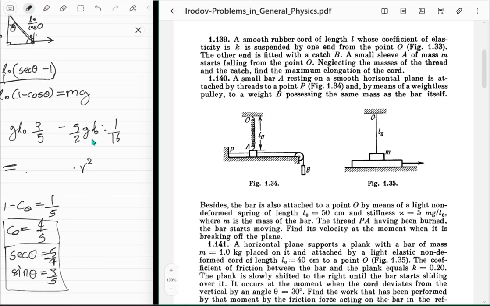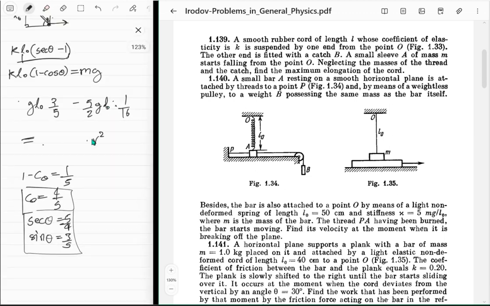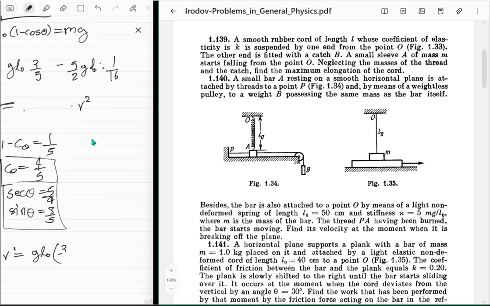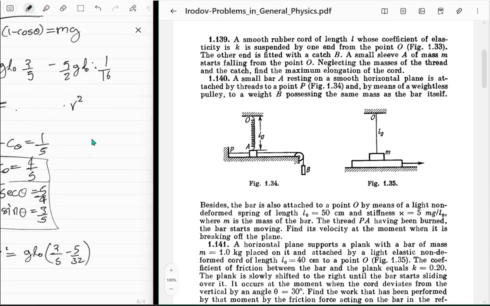Oh, this is weird. Yeah, whatever. So from here you can figure out what v squared is. Let's calculate. v squared is equal to g L naught times 3 upon 5 minus 5 upon 32. Cross multiply. This is a really awful value.